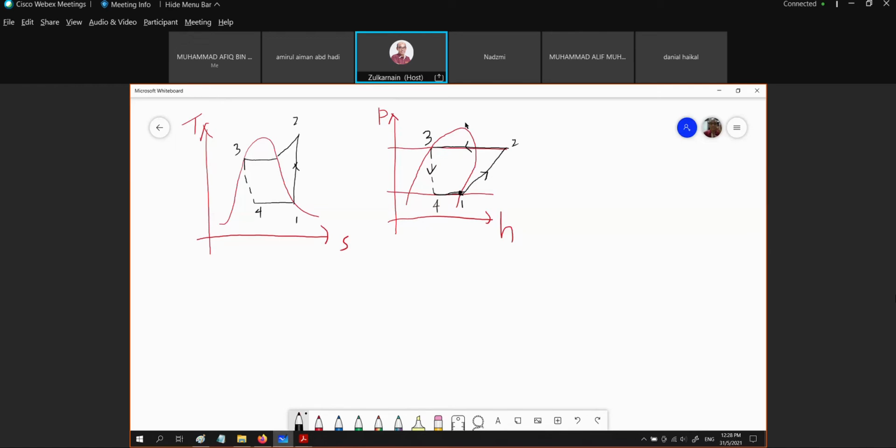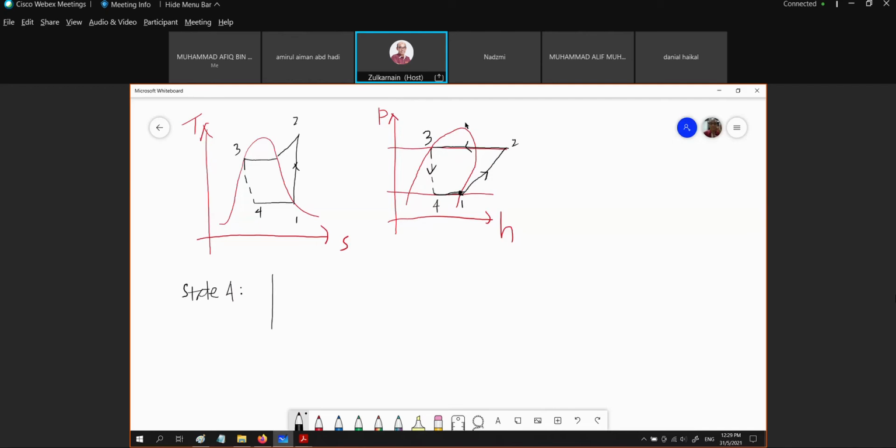Let us look at state 4. If I take a container or a chamber and I put this state 4 inside the container, what could I have?